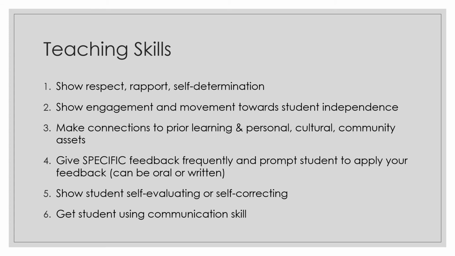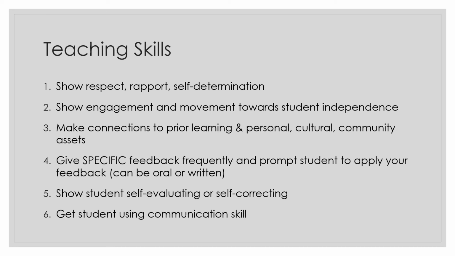The feedback can be oral or written, and you want to give the student, again, a chance to improve. So you give the feedback, and then the student tries again to improve. Then 5, show the student self-evaluating or self-correcting. A lot of you have put in evaluation forms that your learner is going to be using.